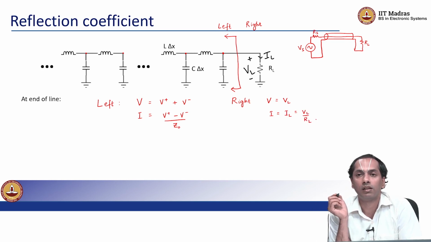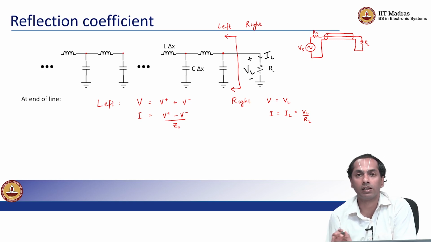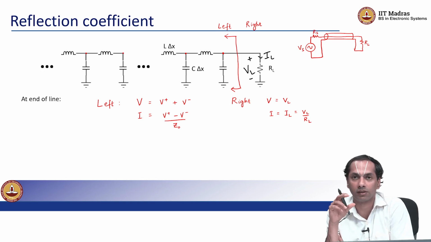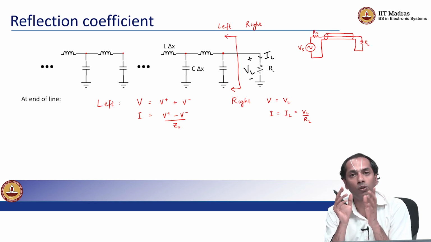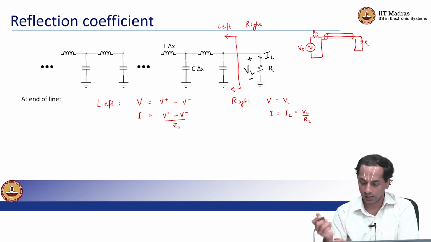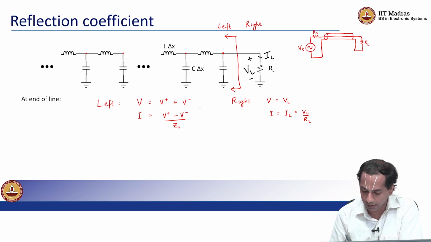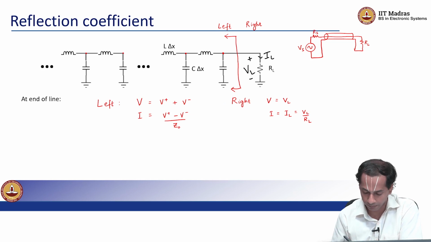All you have to do is simply equate. A particular location, which is the bridge between the resistor and the transmission line, can only have a unique voltage and a unique current flowing at that point. So we will just say that the left hand side and the right hand side, the voltage and currents have to be the same.